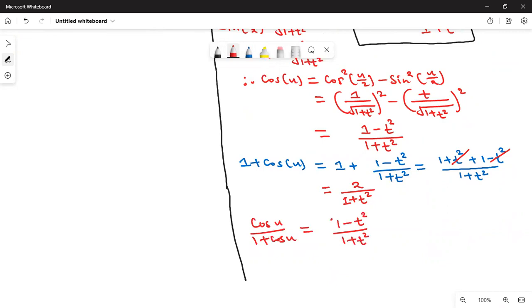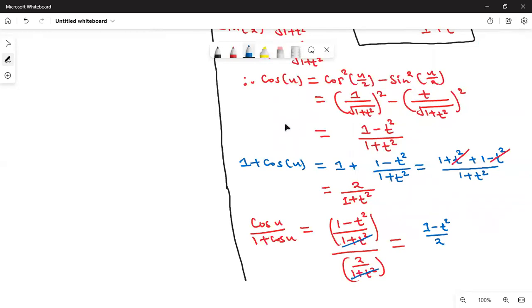We are dividing this by 1 plus cos u, which we have found is 2 over 1 plus t squared. When you simplify this, the denominator will cancel. So what we have is simply 1 minus t squared over 2.